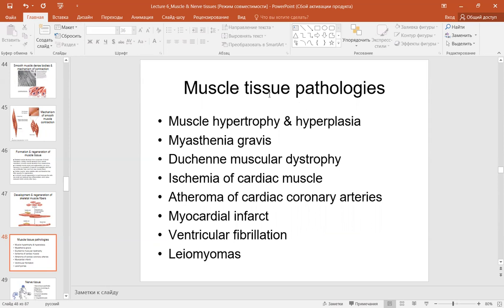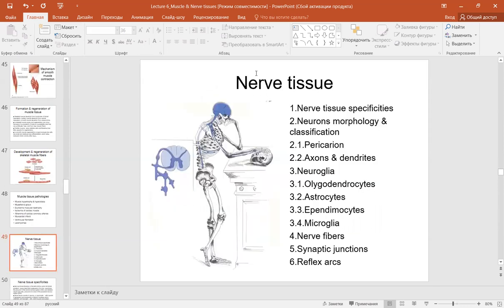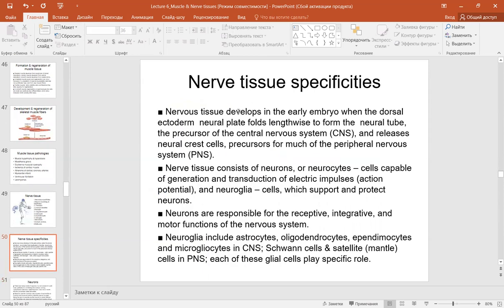The next half of today's lecture presentation involves the nerve tissue and the specificities of the nerve tissue from the very beginning, as usually with discussion of each particular tissue of the organism.